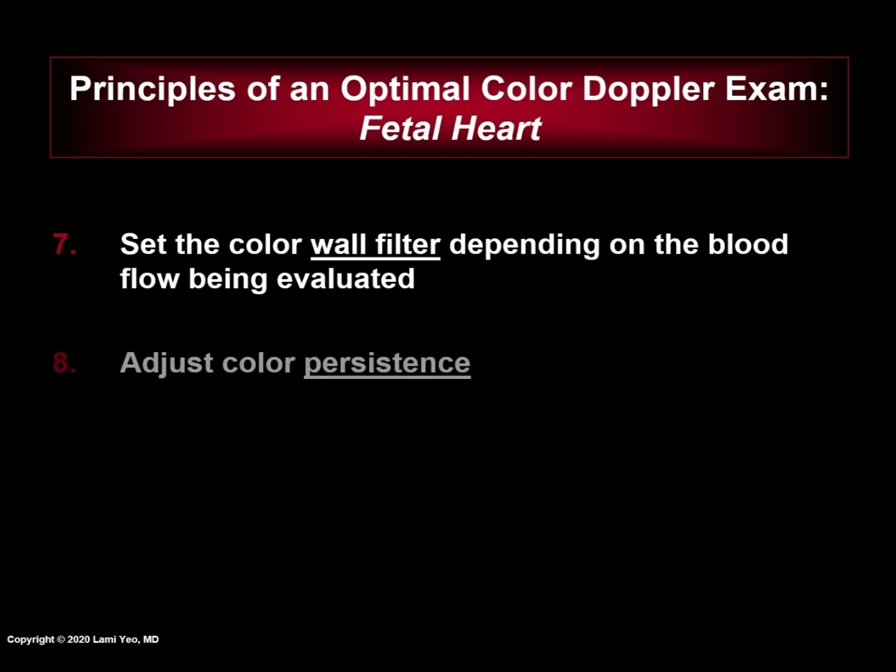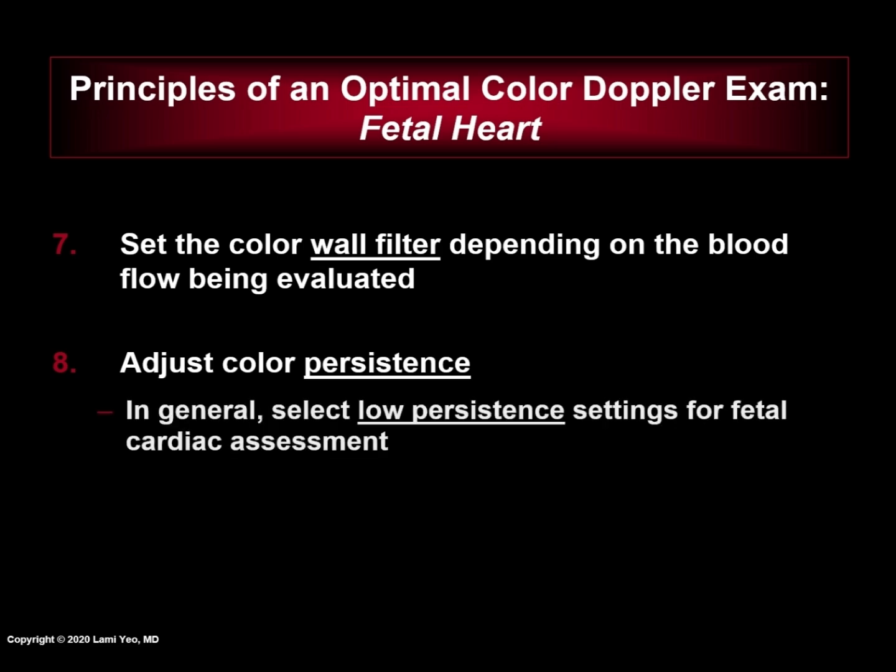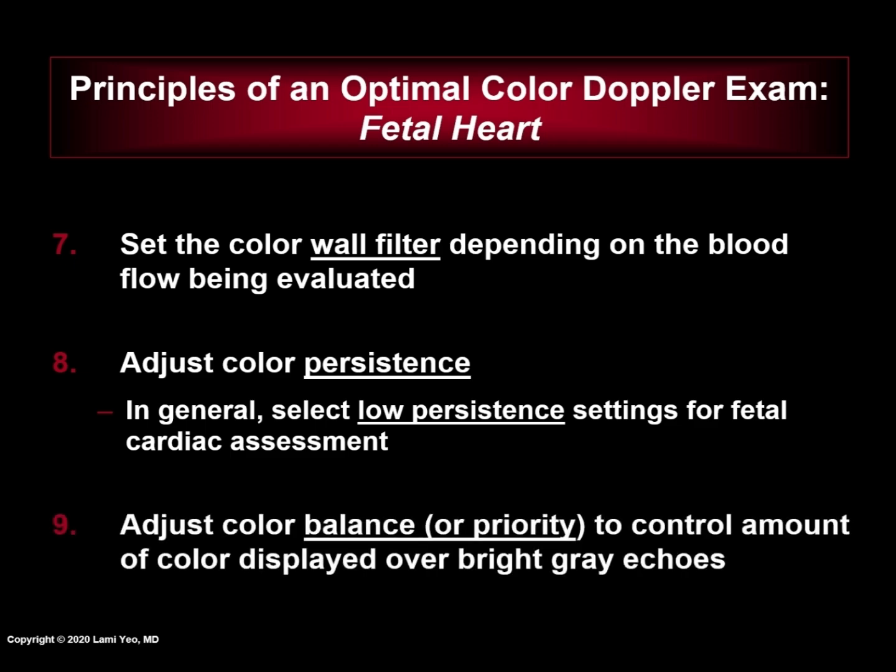The 8th principle of an optimal color Doppler exam of the fetal heart is to adjust color persistence. In general, select low persistence settings for fetal cardiac assessment to maintain the dynamic nature of blood flow. Finally, adjust the color balance or priority to control the amount of color displayed over bright gray echoes.